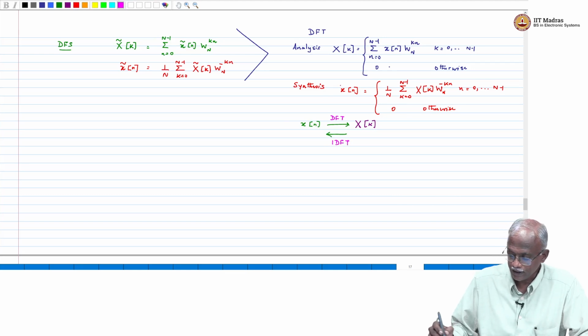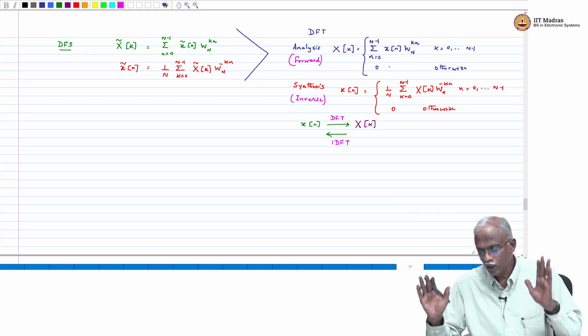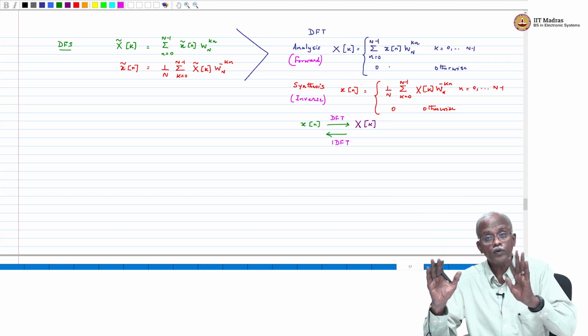So this is what we call the inverse transform, and this is the forward transform. Very, very important.